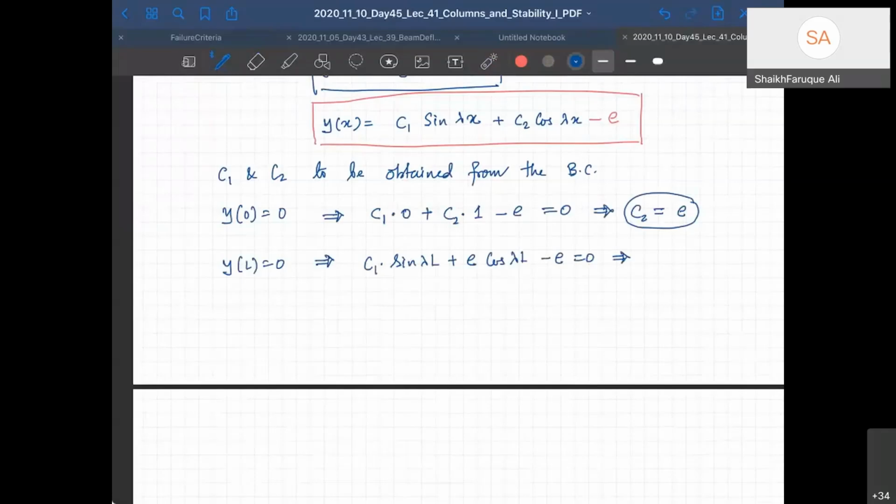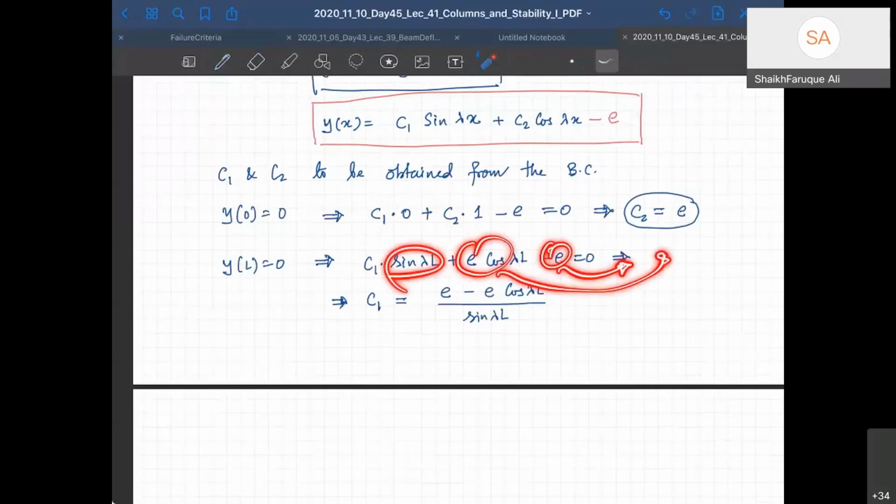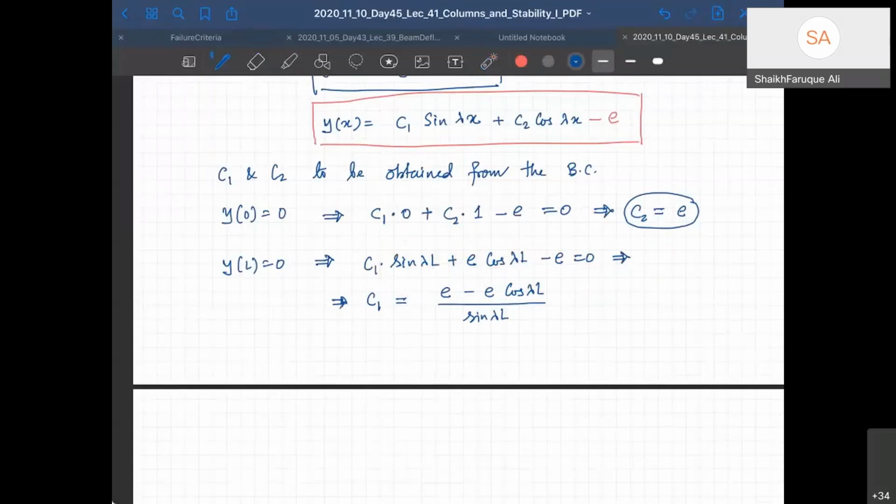So e goes to that side, and that gives me C1 equal to e minus e cos lambda L, divided by sine lambda L. This e goes this side and becomes plus, this goes this side and becomes minus, and that is divided by this. I think I'm correct. Please check it yourself.